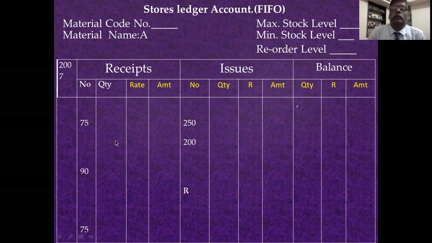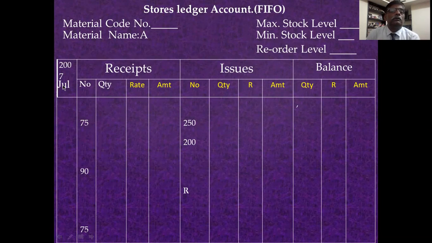I put the numbers, you don't worry about that. First date is January 1st. Opening balance is there. You write the opening balance 500, rate of 1, amount 500.